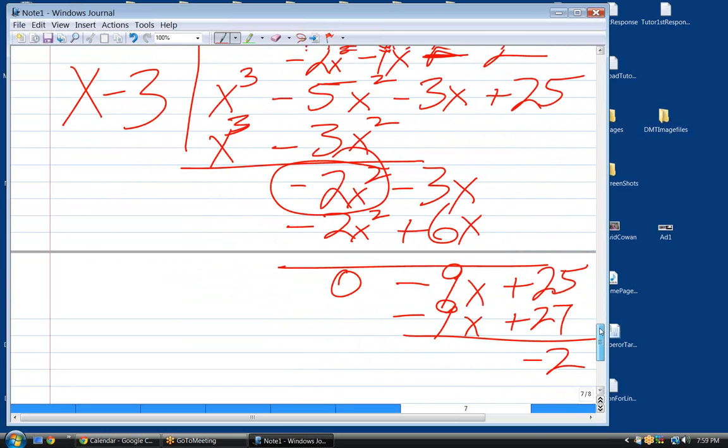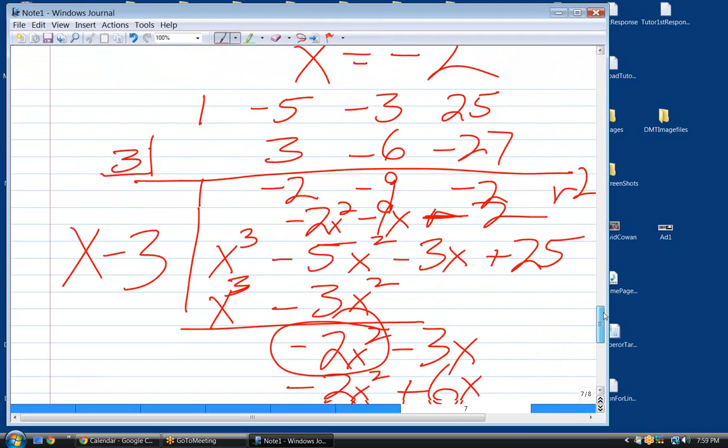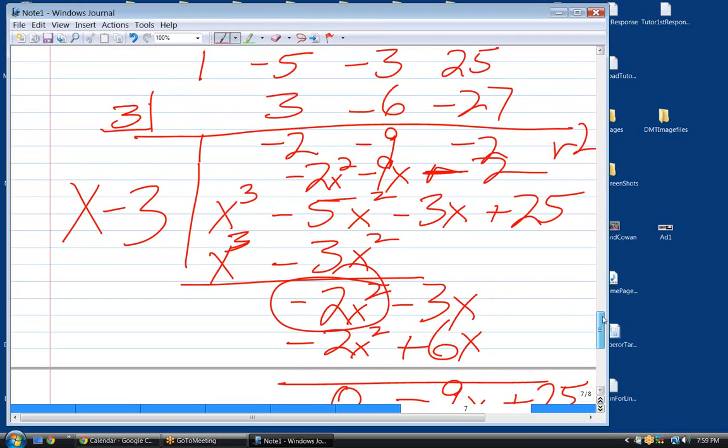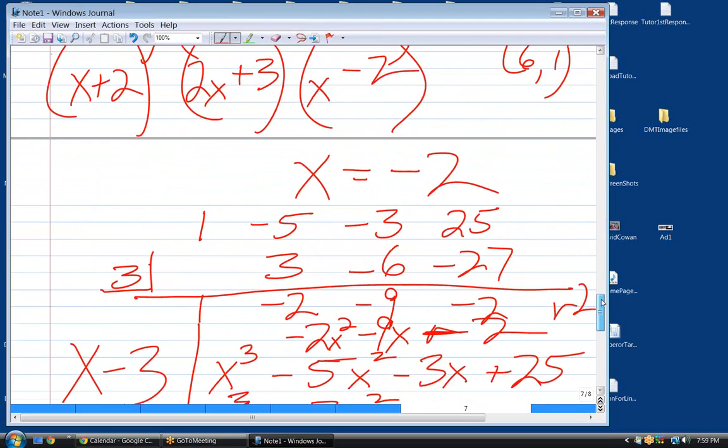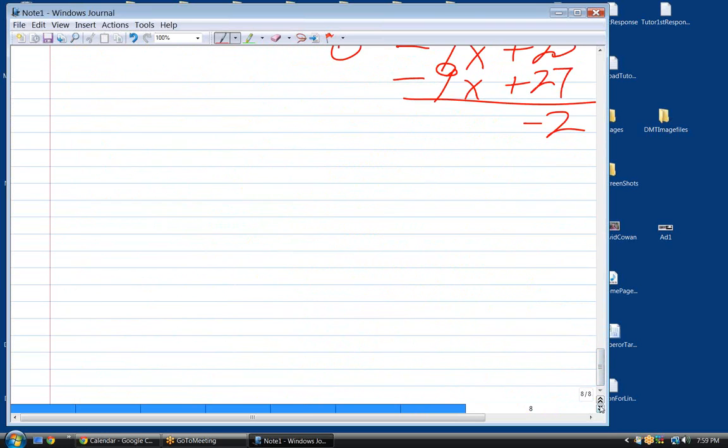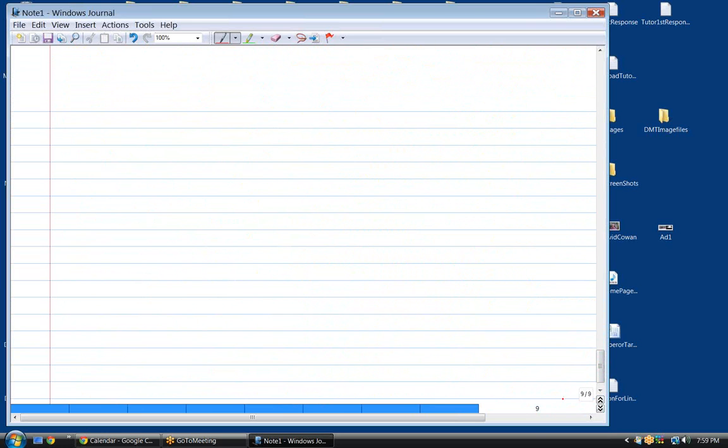We got x squared minus 2x minus 9 with a remainder of minus 2. So we better get the same solution. You have to get the same solution whether you divide synthetically or by long division. Once you get really comfortable with synthetic division, it's almost always easier to do that.